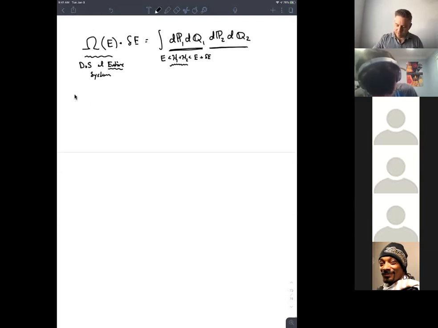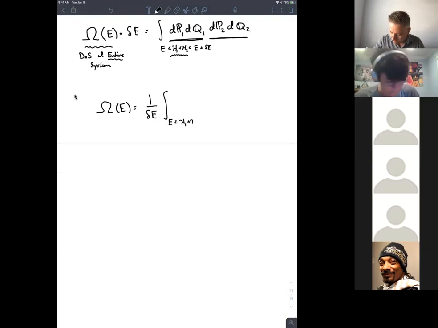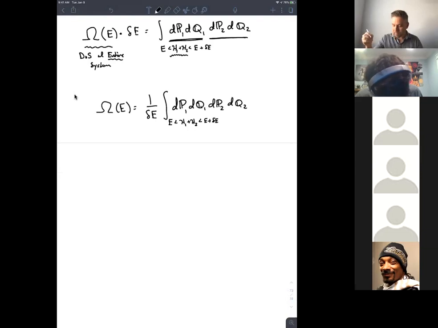Let me write this again. Let me just divide by this delta E, so in other words, the density of states is this. Piece of cake.